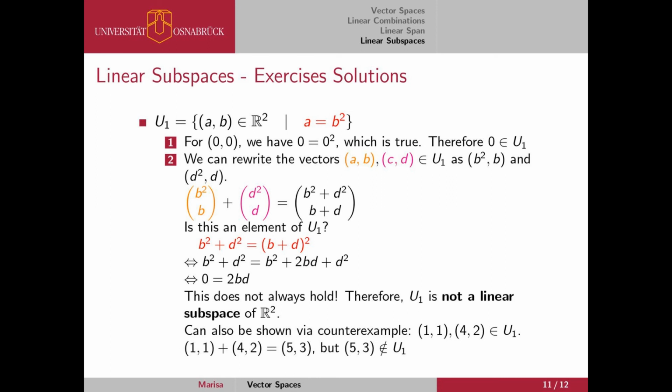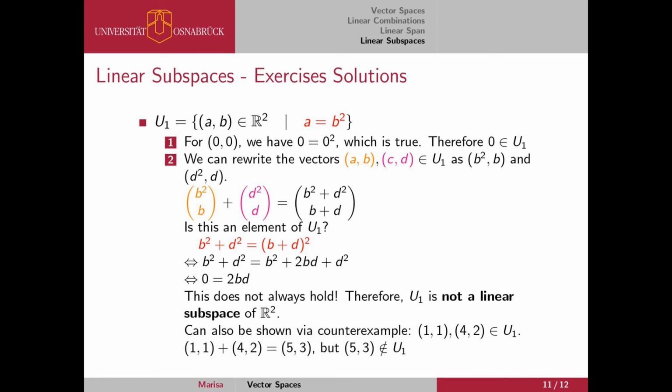Now with the rule that A equals B squared, we can rewrite them as the vectors (B squared, B) and (D squared, D). And now if we add them, this would yield the vector (B squared plus D squared, B plus D). And this is what we have to do in the rule of these axioms. So we have to add them and have to check whether the resulting vector, which is B squared plus D squared in the first dimension and B plus D in the second dimension, whether this vector is also an element of U1.